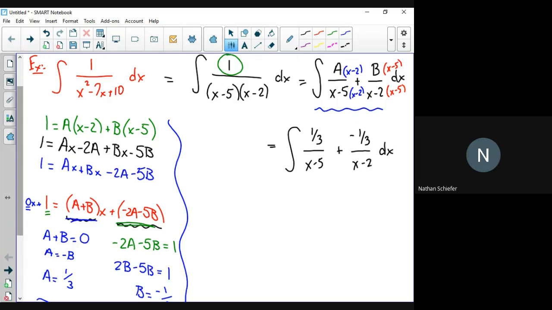Those aren't really nice coefficients, but the good thing for us is I could just pull that coefficient out front, and I could say that this is 1/3 times an integral of 1 over x minus 5 minus 1 over x minus 2 dx.